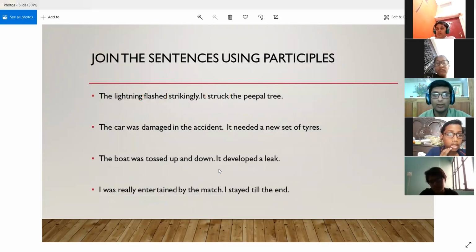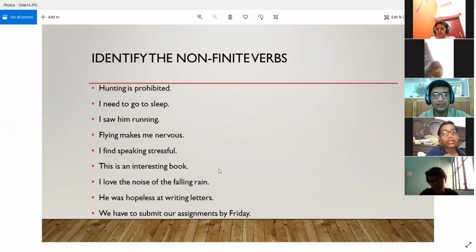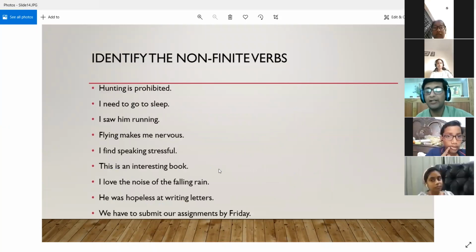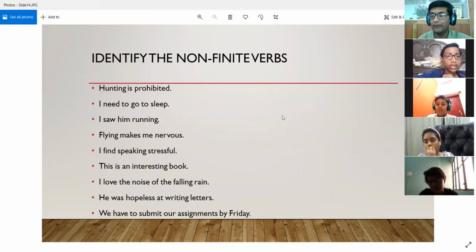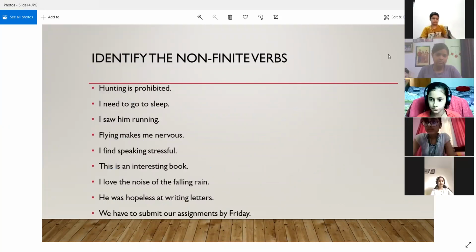Okay. Now we are moving forward. These two sentences I am leaving now. Now we come to the exercise. Here you have to identify the non-finite verbs. So over here we are going to identify whether the verb present is a gerund, an infinitive, or a participle. I have already told you the infinitives are very easy.